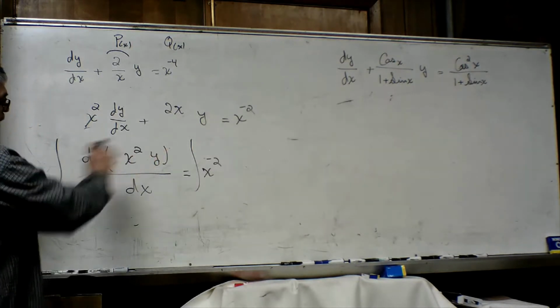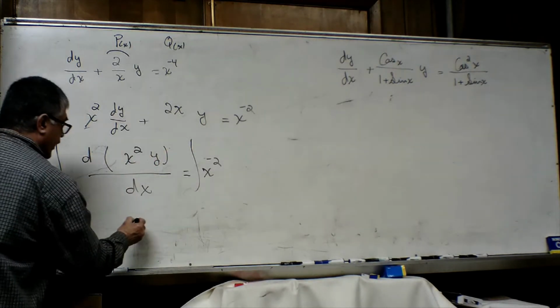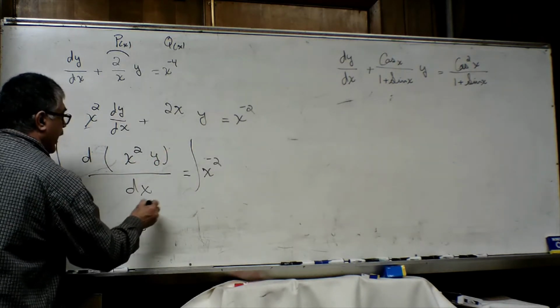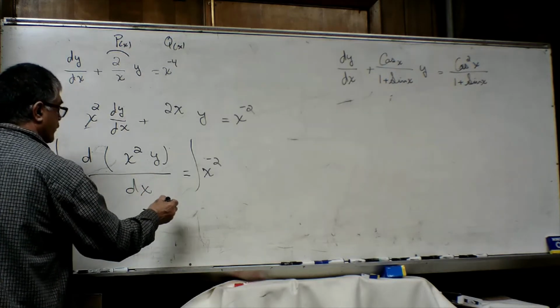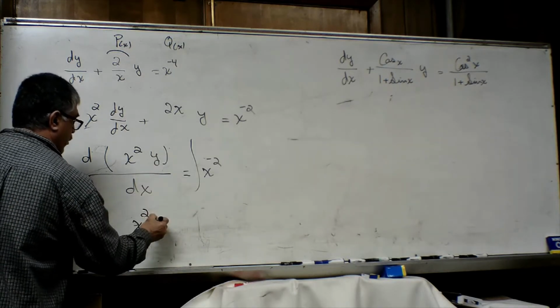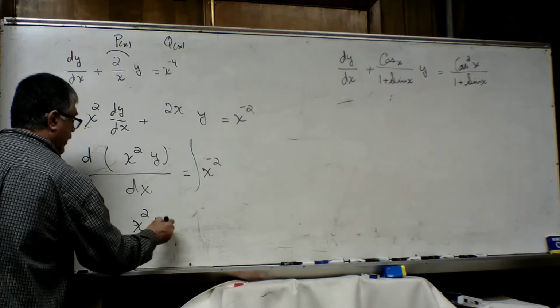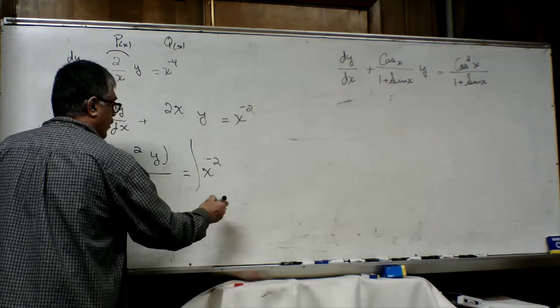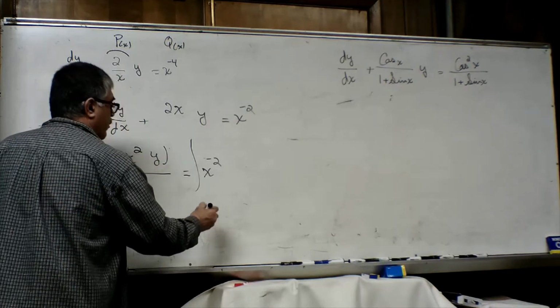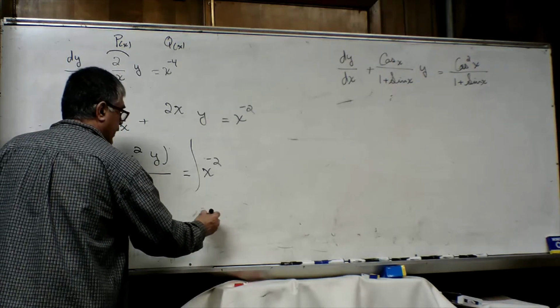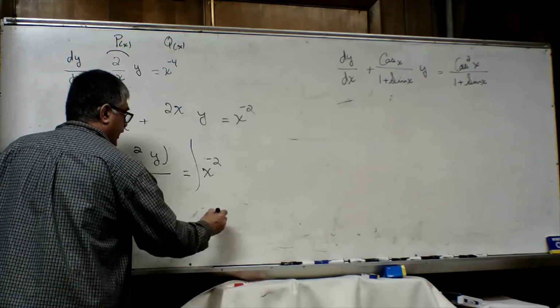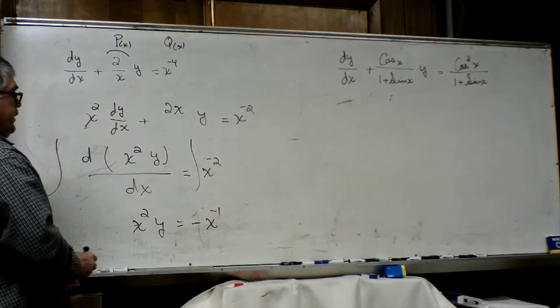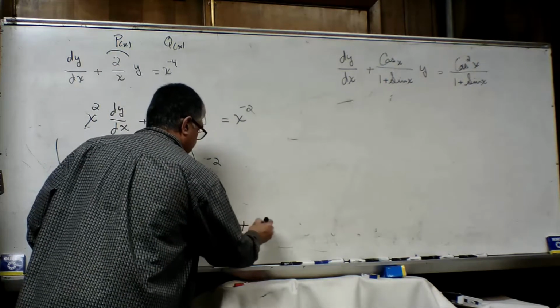So if we take the integration of both sides, on the left side we are going to have x squared y equal to minus x to the power minus 1 plus c.